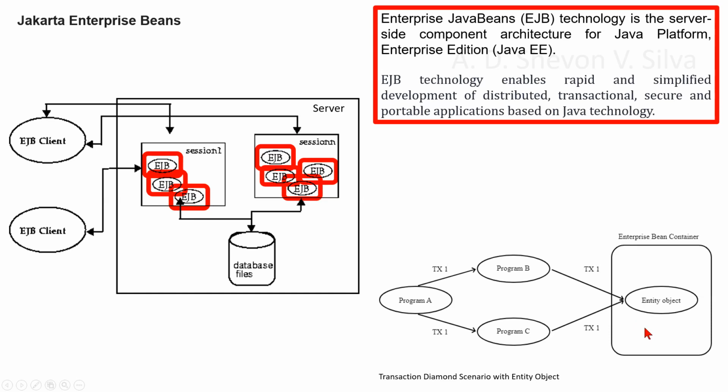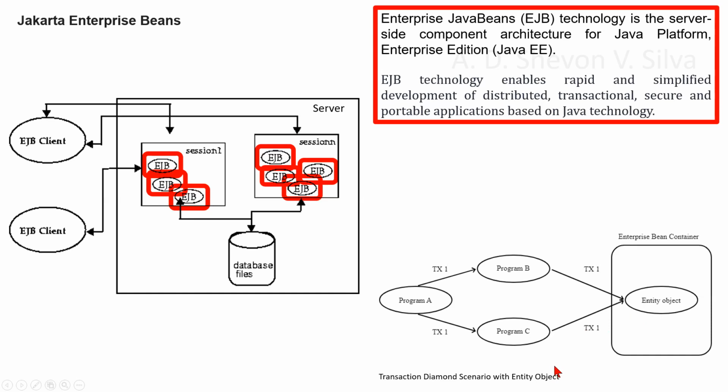If clients B and C connect to different enterprise bean container processes, and both B and C need to access the same object in the same transaction, the issue is how the container can make it possible for B and C to see a consistent state of the entity object within the same transaction.